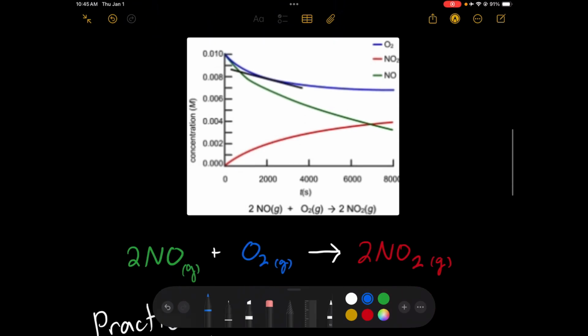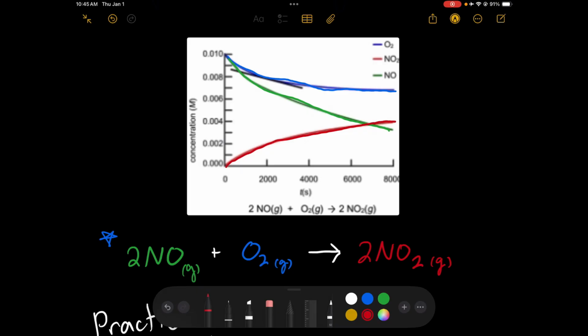So if we're looking at this reaction down here, we have 2NO plus O2 yields 2NO2. So our two reactants, the blue one is oxygen, and that one has a negative slope, again, because that is disappearing. The green one, NO, has a negative slope because it is disappearing, it's a reactant, and the red one, the product, NO2, has a positive slope because it is appearing.